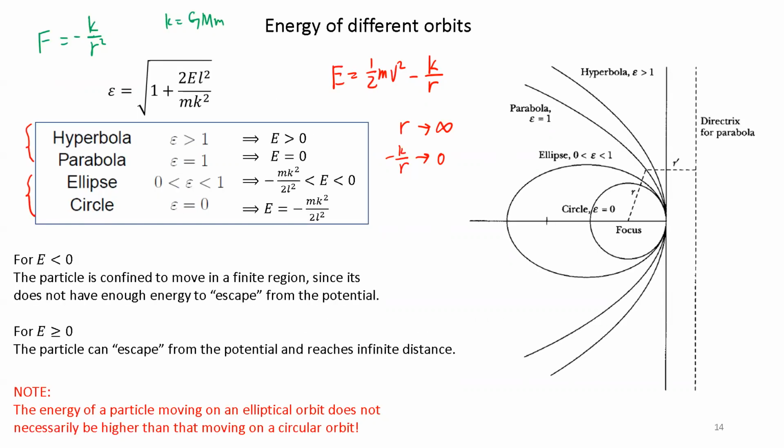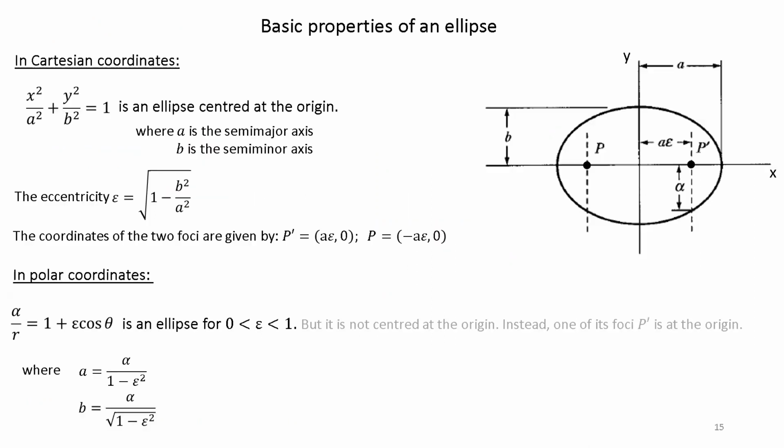As I said, I want to spend a bit more time specifically on the case of elliptical orbit. This is the important case, because the circle is very simple, we don't have much to talk about.